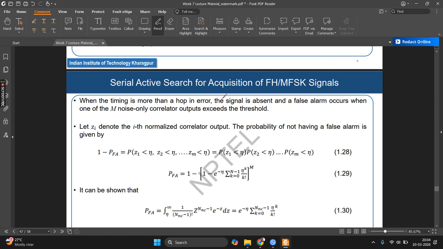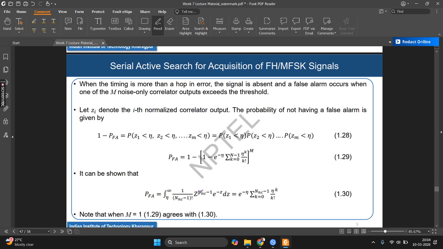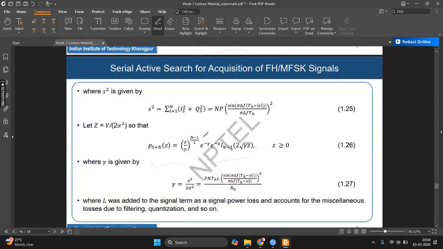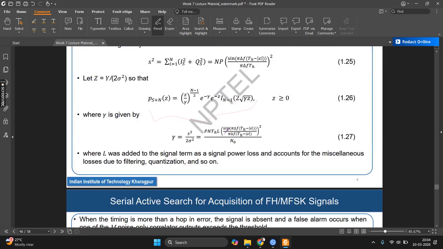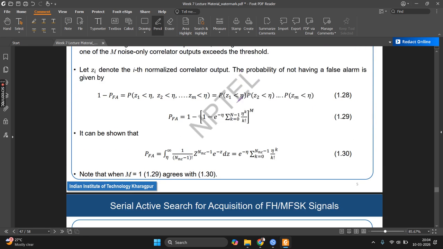Let Zi be the variables. The probability of not having a false alarm is that all the variables will be less than the threshold. So for this particular distribution, all of them will be less than the threshold, and you get something like this. Because all of the variables are independent, it is 1 minus e to the power minus this thing, an exponential distribution, and these are multiplied to the power nm.